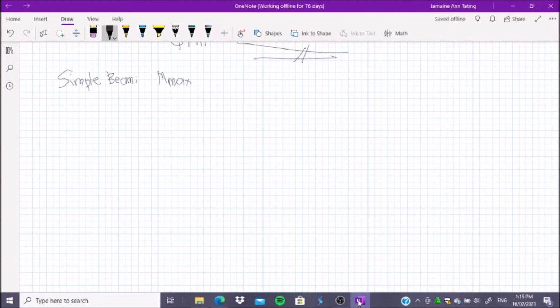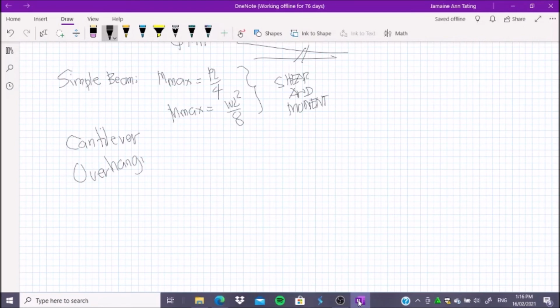We have PL over 4. We also have the maximum moment WL squared over 8. If you don't know these, go back to shear and moment diagrams. For a cantilever, that is easy. For overhanging beams, that is the problem. But this is for determinate beams. How about indeterminate beams? For indeterminate beams, we need theory of structures.